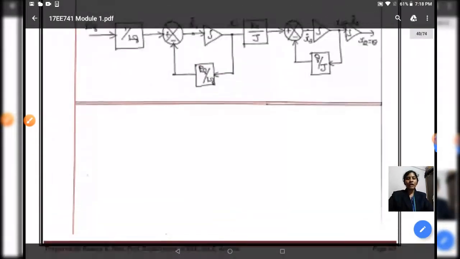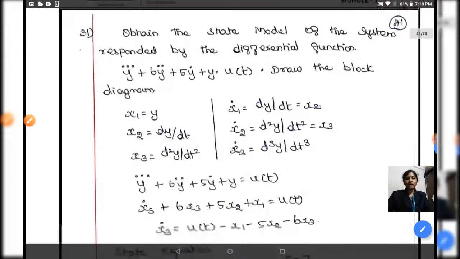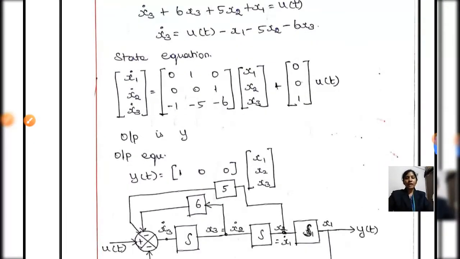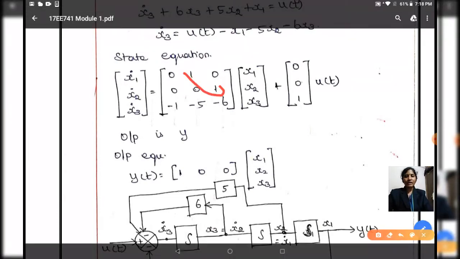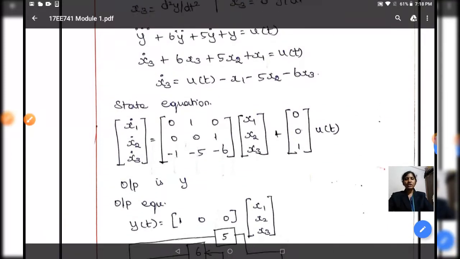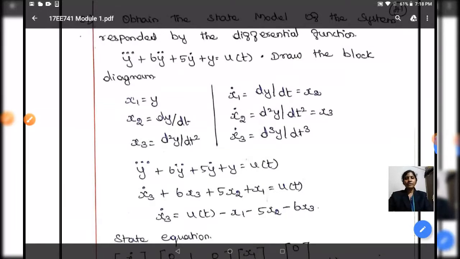When you look at the answer, the upper diagonal of the matrix is 1, whereas the last row contains the coefficients of your differential equation. What are the numbers available over here? -1, -5, -6. You can check your differential equation: 1, 6, 5.